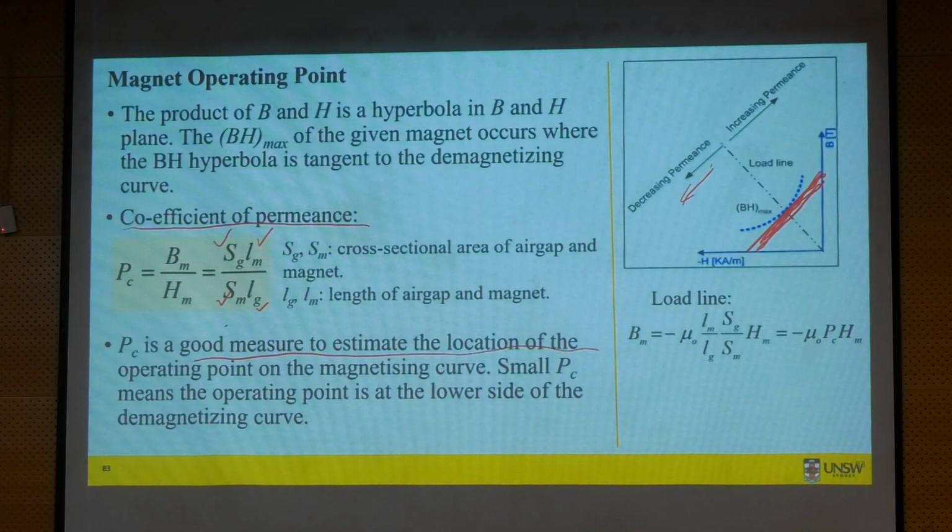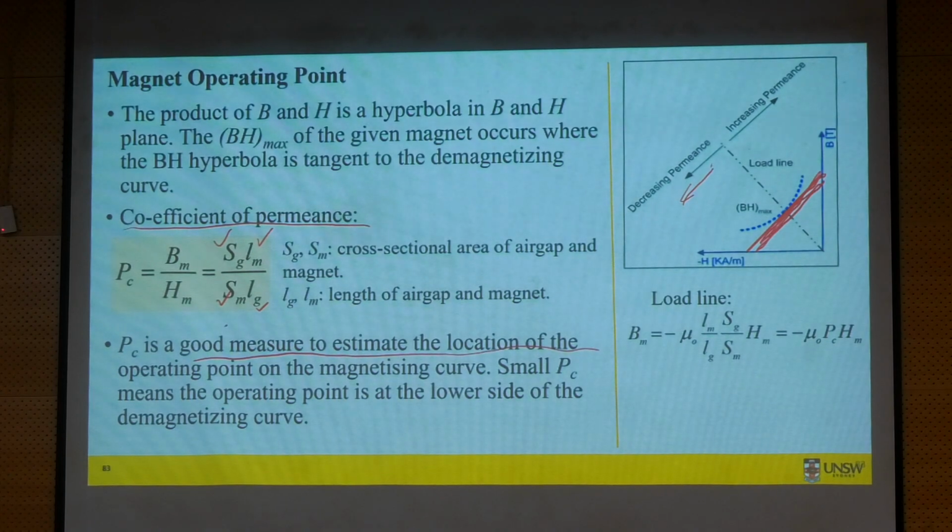Can the load line be at H equal to zero? It is not possible, right, because you will always have some leakage, or the magnet is always surrounded by steel material, right. So if you have steel material, then your Ampere's law will have HcLc plus HmLm equal to 0, right?